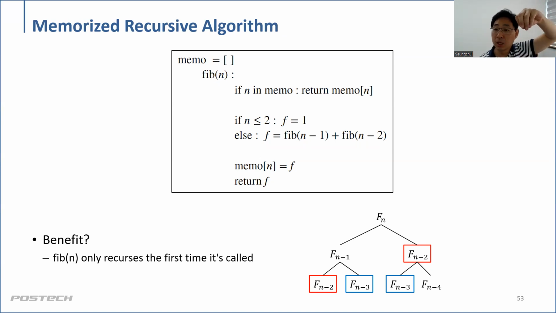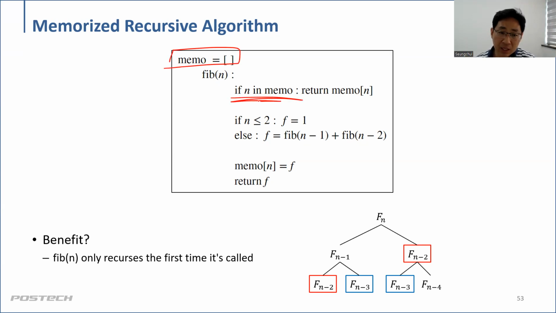When the value is already computed, we don't have to compute it again. We just get the value from memory. And if you cannot find it, that means you're doing this computation for the first time, so you have to do it.